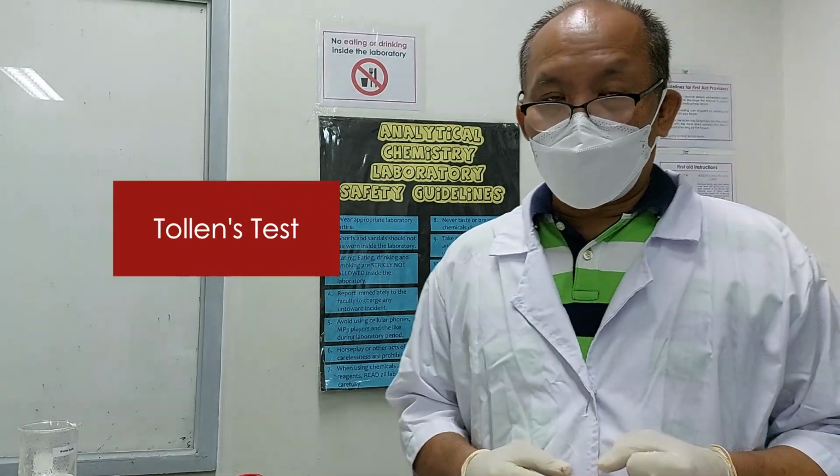Some of the important tests for differentiating aldehydes from ketones in terms of oxidation is Tollens test. The reagent for Tollens test is the silver amino complex, or basic solution of silver nitrate plus ammonia.